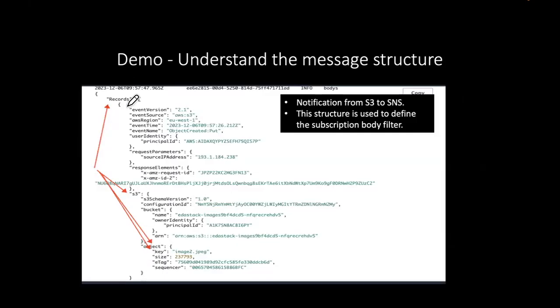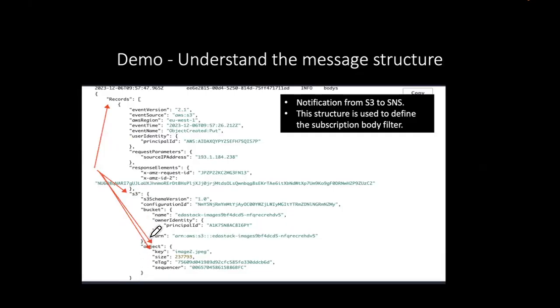And I'm showing you that within this object here, there is a property called S3. That would make sense because the SNS message comes from an S3 publisher. This S3 property, its value is an object.